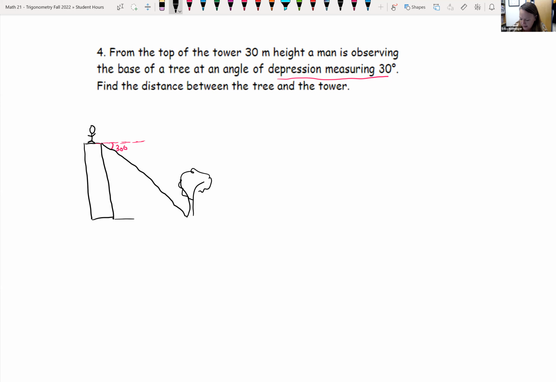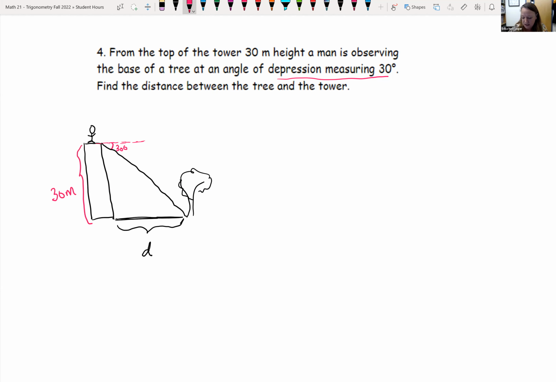And we want to find this distance in here. And we're given that the height of the tower he's standing on is 30 meters. So I'm giving this side as 30.